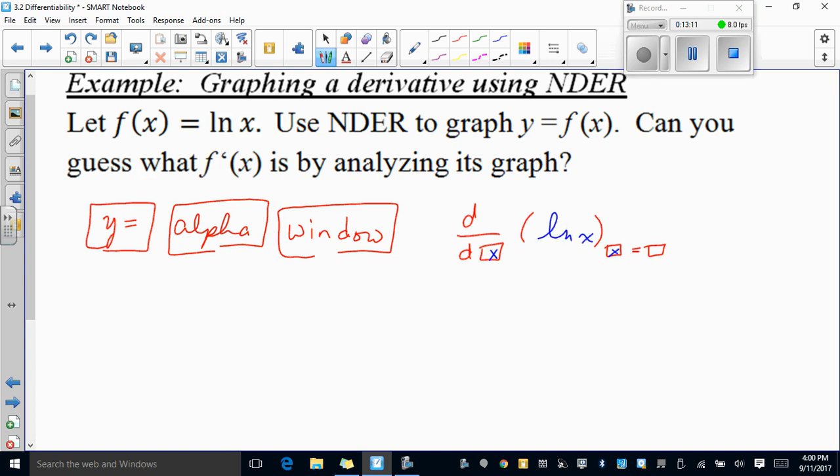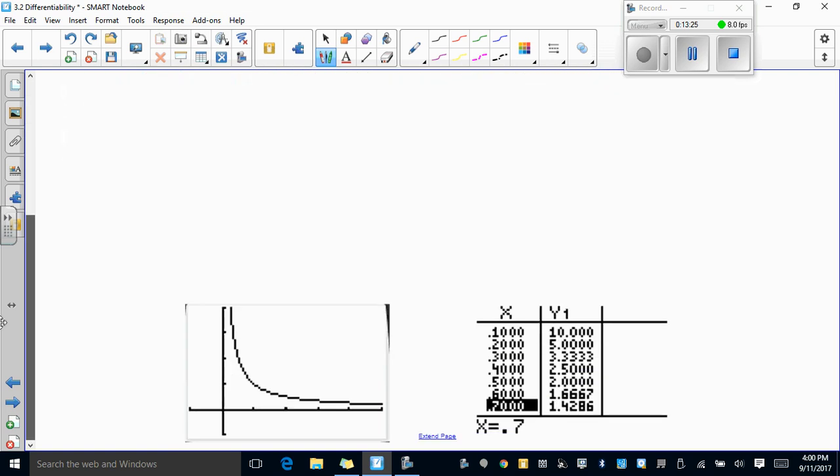But instead of putting a number here, you're just going to say when x equals x. That tells the calculator to just say whatever x is, solve it and graph it, and it will graph your derivative. In this case, this is your derivative. This is the table for your derivative. Now again, I need to remind you, this is f prime of x.